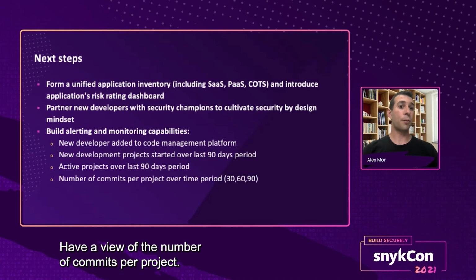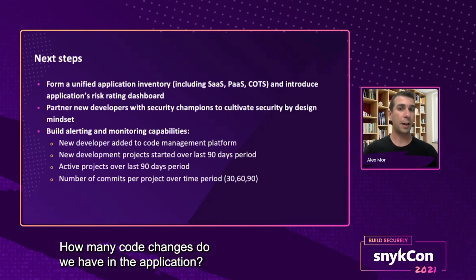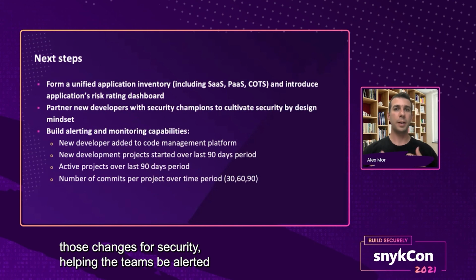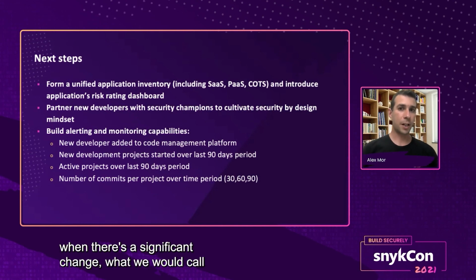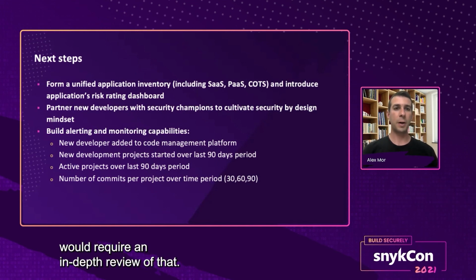Have a view of number of commits per project. How many developers do we have working there? How many code changes do we have in the application? If the code is frequently changing, we need to be frequently monitoring those changes for security, helping the teams be alerted when there's a significant change, what we would call an important or material change that would require an in-depth review.